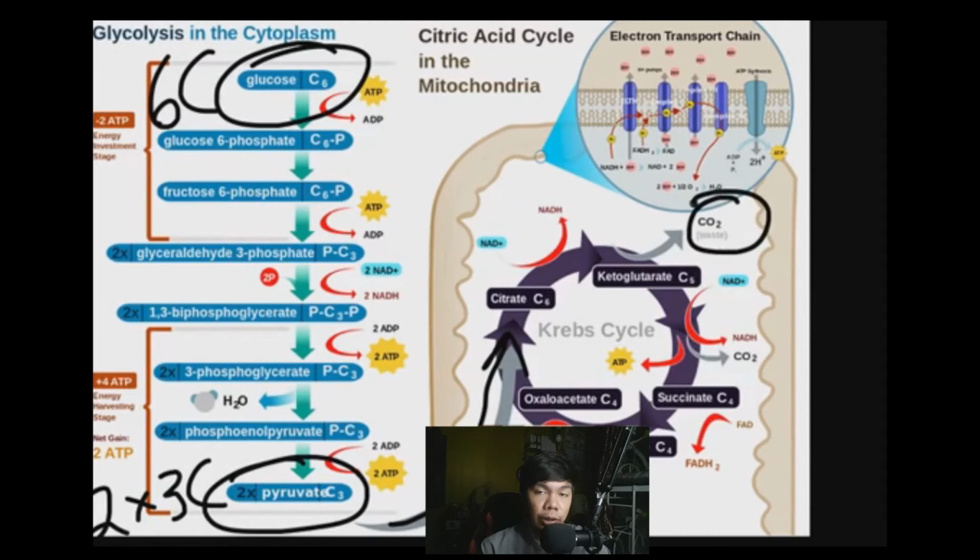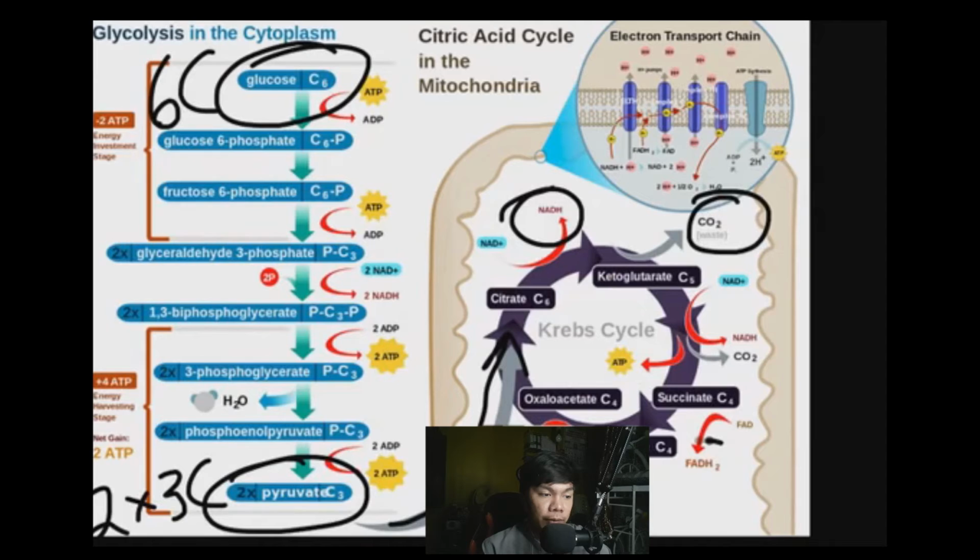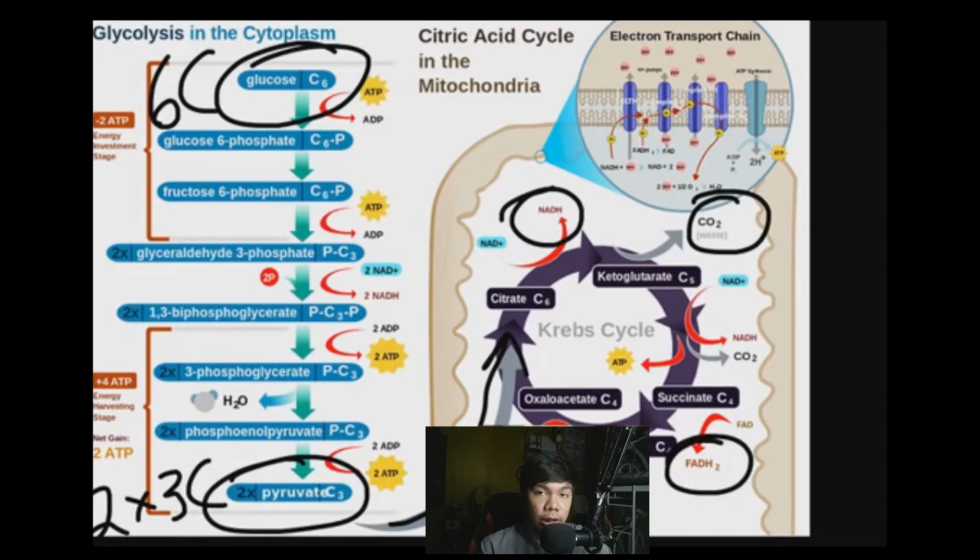So pyruvate turns into CO2, and in this process it also produces NADH and FADH2. The importance of NADH and FADH2 is that this is where the energy is being stored, and eventually these components will go to the next step, which is the electron transport chain.